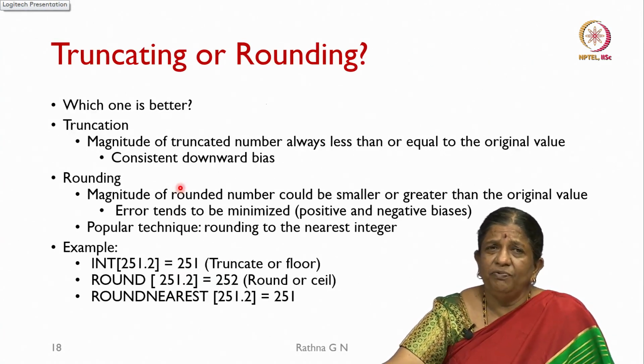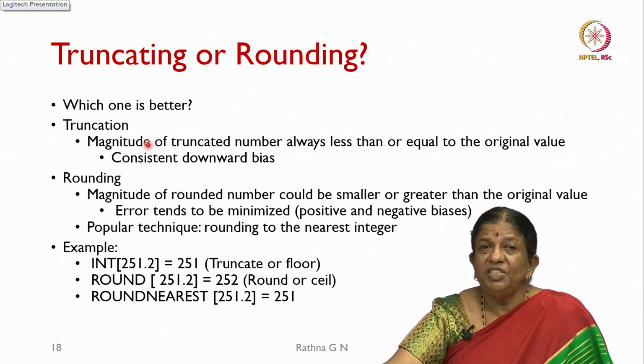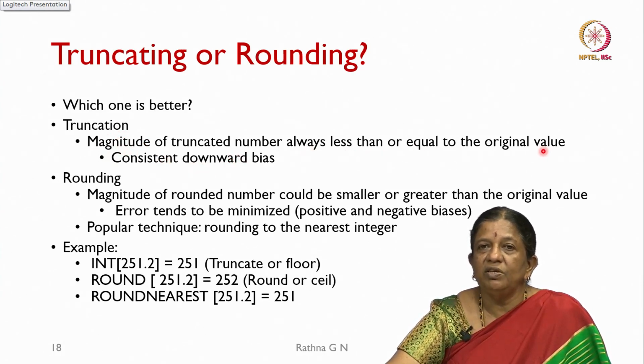So, whether you want to go for truncation or rounding, which one is better? Let us see what happens with truncation. In this case the magnitude of the truncated number is always less than or equal to the original value. So, we will see that it is a consistent downward bias.